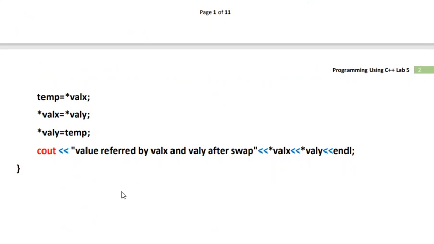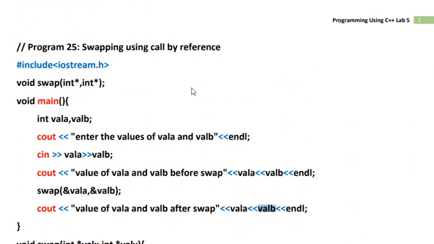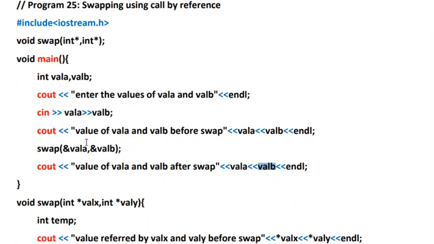That basically means in case of call by reference, if you bring about any change in the formal parameter, the necessary change will be reflected in the actual parameter. So here val_a and val_b are the actual parameters, and x and y are the formal parameters. Any change brought about using the formal parameter will be reflected back to the actual parameter.